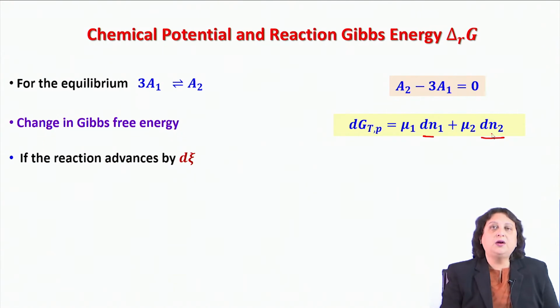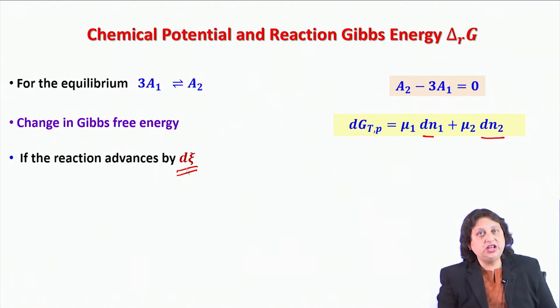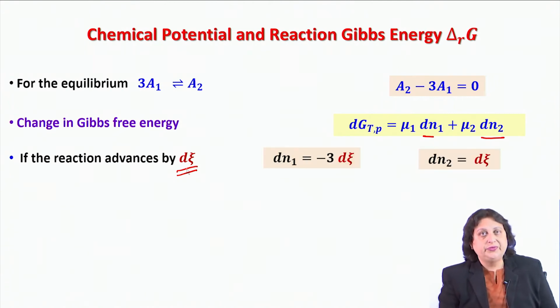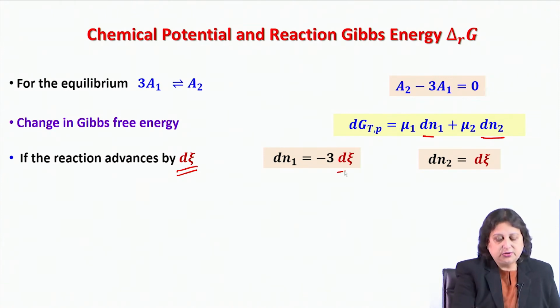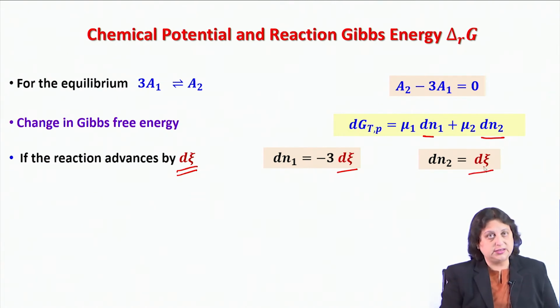But simply because I can think of this infinitesimal advancement of the reaction by this amount d xi, and since the change in the number of moles of the reactant A1 is related to that of A2, I can very easily say that dN1 is going to be proportional to d xi and dN2 is also going to be proportional to d xi.